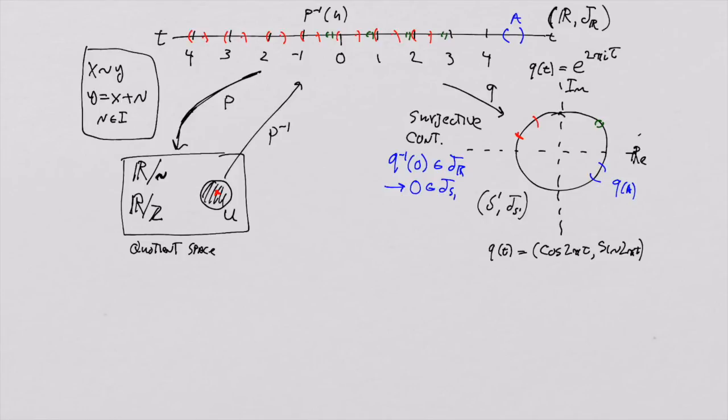And that means that Q is a quotient map. We've got the three conditions we need for a quotient map.